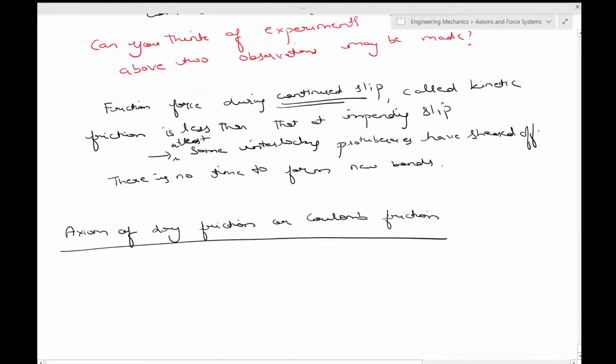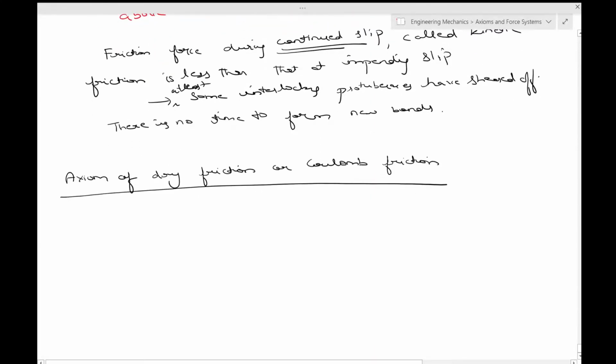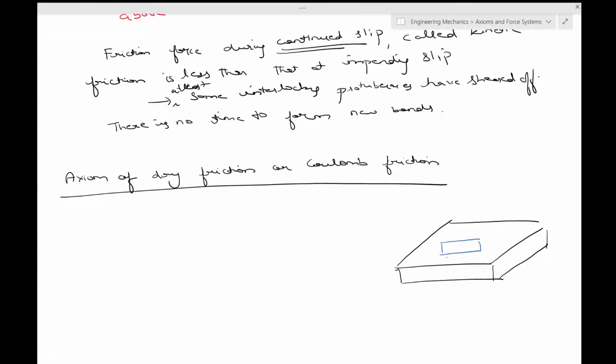If we take up two bodies, this is body 2, and over this I place this body 1.